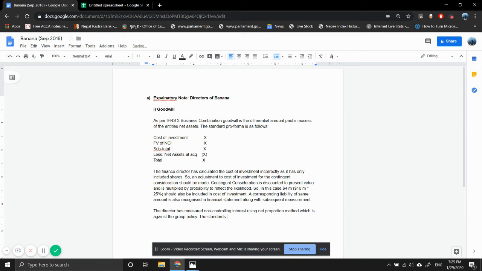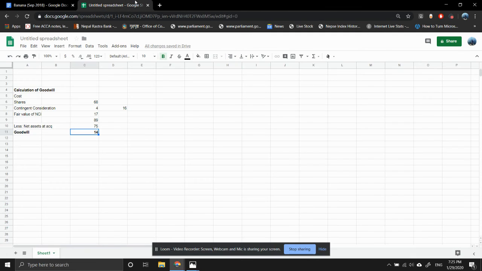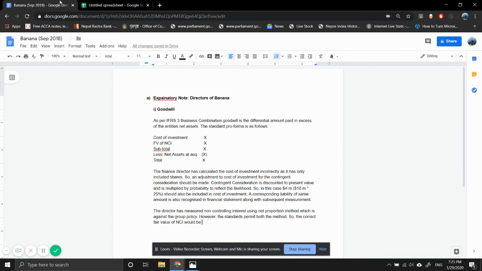However, the standards permit both the methods. So the correct fair value of NCI would be 17 million.